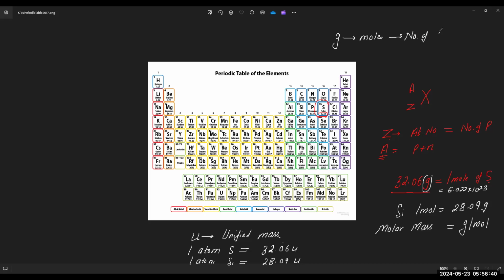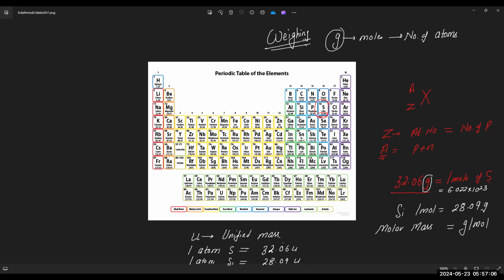So most of the experiments are based on weighing. So we have to understand this concept, and we have to do plenty of questions on that. So the periodic table is telling you the mass of 1 mole, and also the mass of one atom.